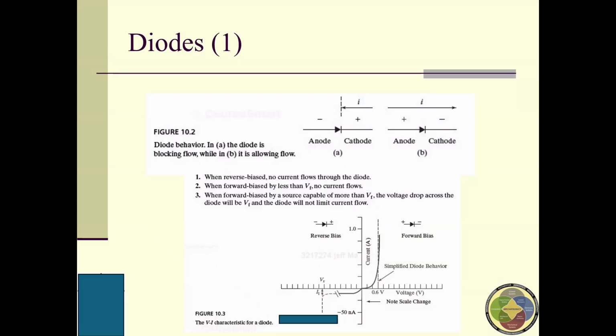Forward bias means that we will have a current that goes through the diode. And reverse bias, theoretically, we call no current, even though practically there is a very, very tiny amount. You can see the unit is nanoampere, 10 to the power of minus 9. It's very, very small. And we know this slide.